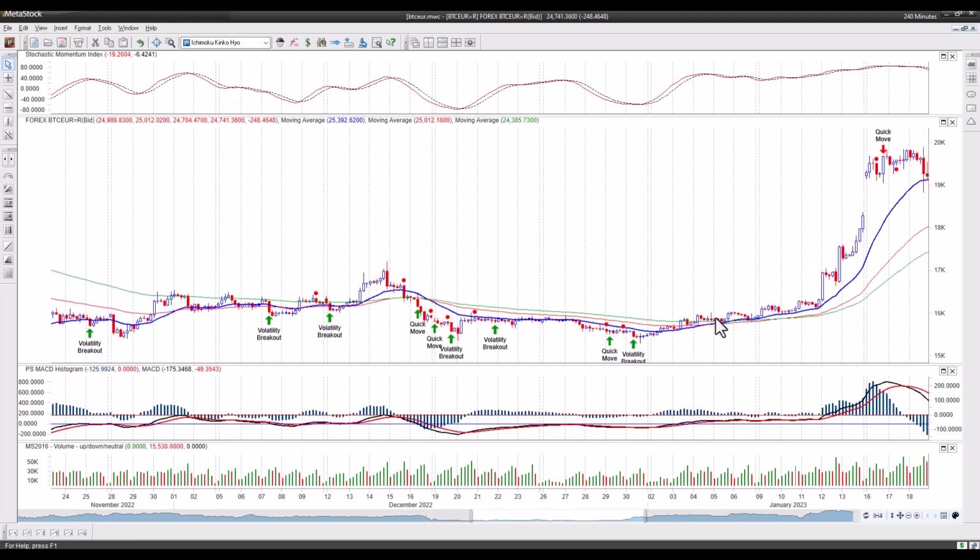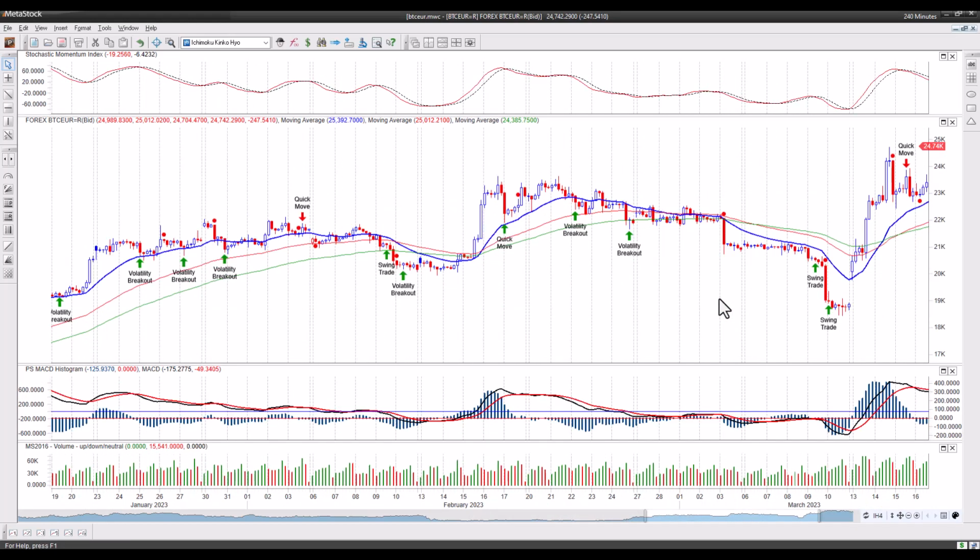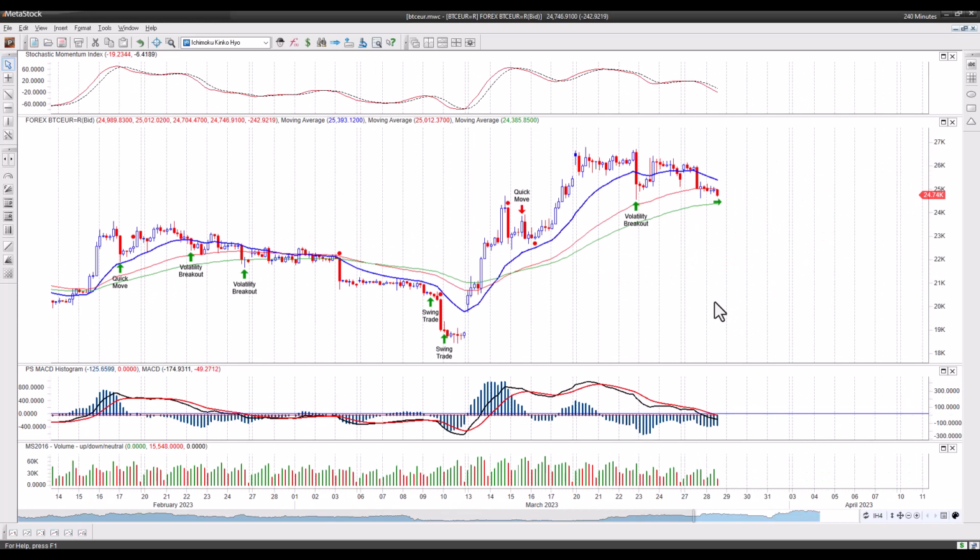But do remember, the AI is only looking for high probability trade setups. So if you get a period where there's not many signals coming through, it might be that at that particular time there aren't any high probability trade setups. So this is the situation with Bitcoin versus the euro.